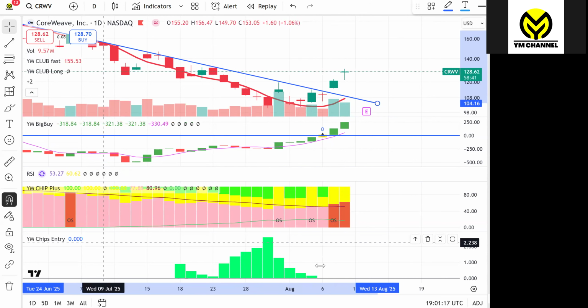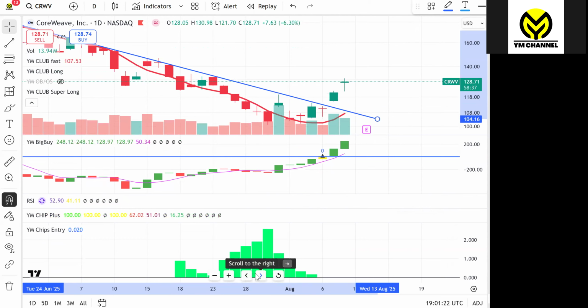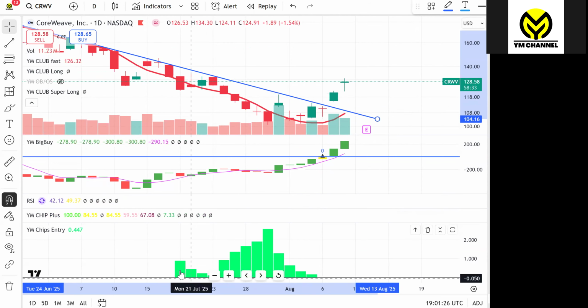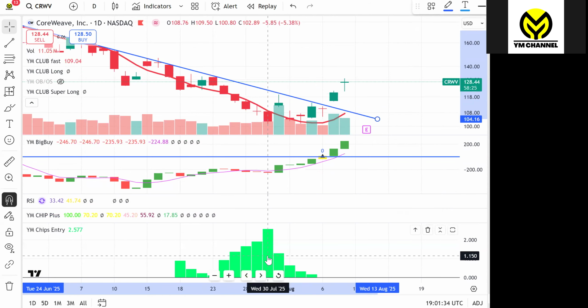So with YM chip entry, there are three methods to tell. The first one is to buy when they go above the first green candle, which is here. Okay, so not yet, not yet. The second method is more aggressive, more ambitious, which is you buy when they go above the tallest green candle, because usually the tallest green candle is the bottom of the price, which is here.